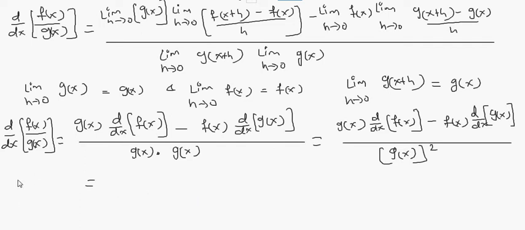So in general terms we can write this as the derivative of a function f divided by g is equal to g, which is the denominator, times the derivative of the numerator minus numerator times the derivative of the denominator, all this divided by the square of the denominator.